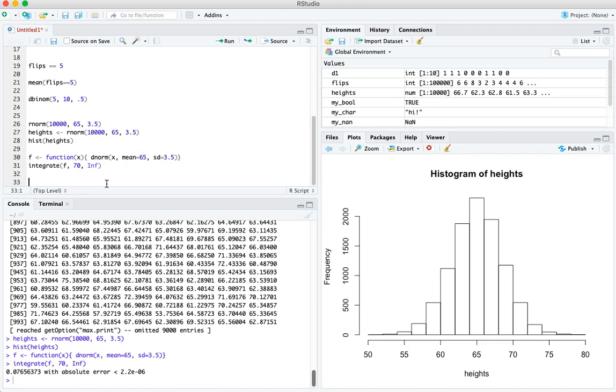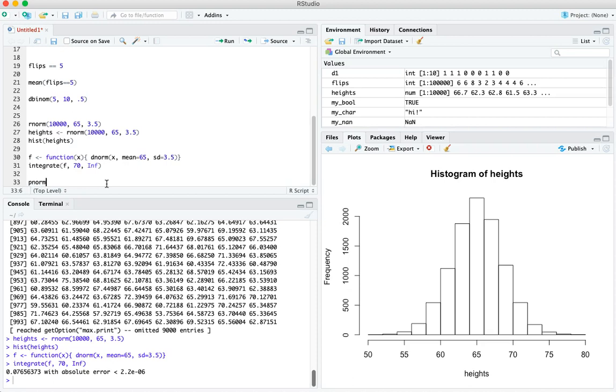Okay, so if you haven't taken calculus and you don't want to do that, or if you're just lazy and you don't feel like taking the integral every time, and lazy is a positive attribute in programming, then you might just want to use pnorm.